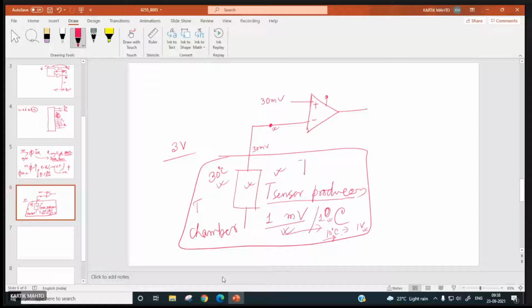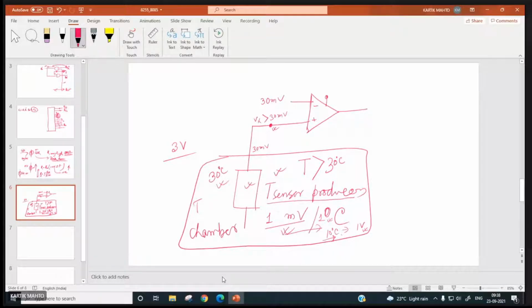Now if temperature is greater than 30 degrees centigrade, this voltage Vx will be greater than 30 millivolt or not? Yes, sir. Greater than 30 millivolt.